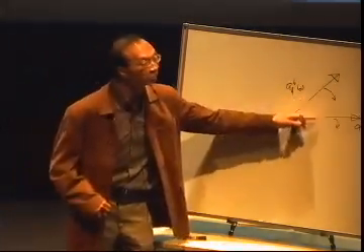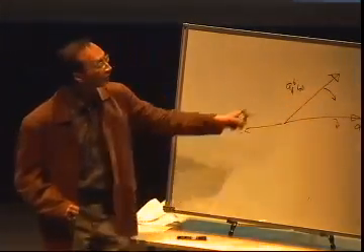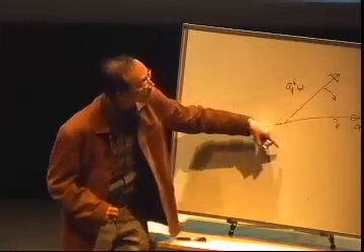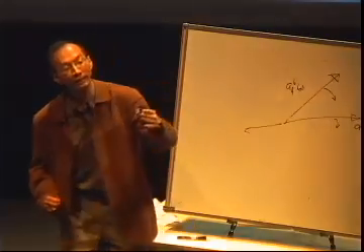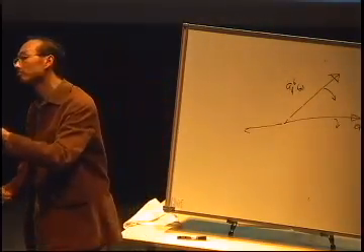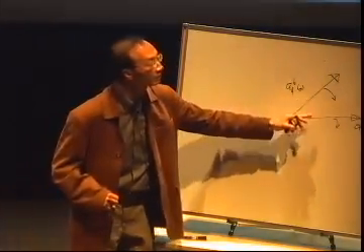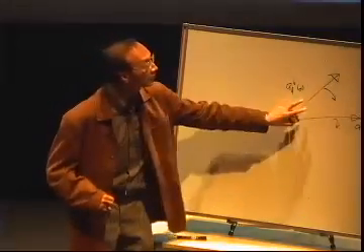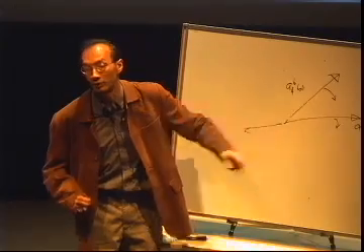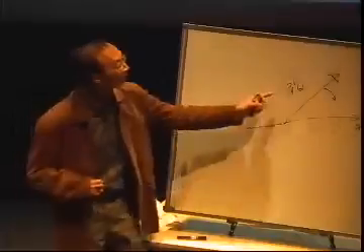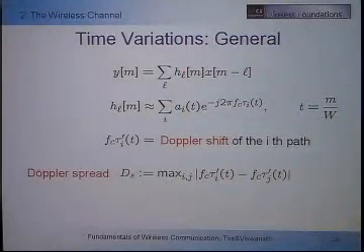If my Doppler spread is very high, then that means this one is moving very fast relative to this guy, and therefore the peaks and valley will come in a hurry. If the Doppler spread is very small, in the extreme case when there's the same rotation speed, the channel never varies. So if the Doppler spread is very small, then the variation will be very slow. So the important thing is the Doppler spread.